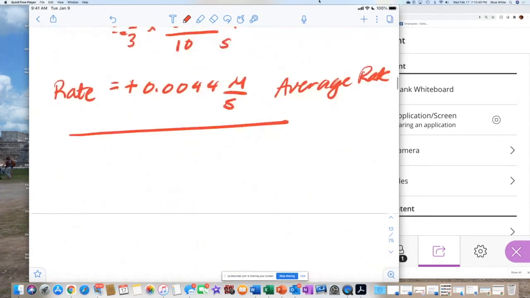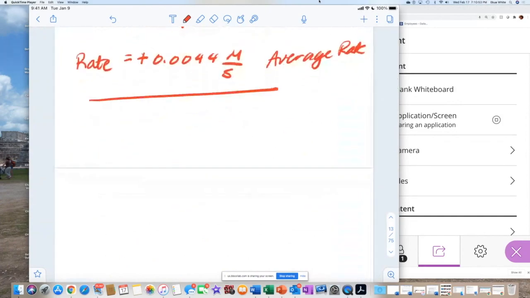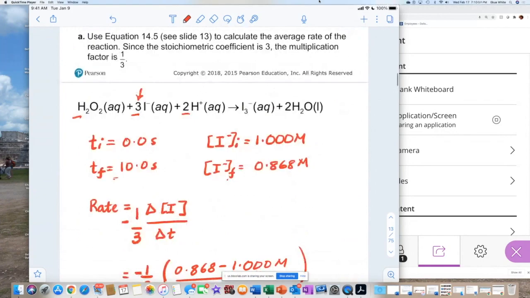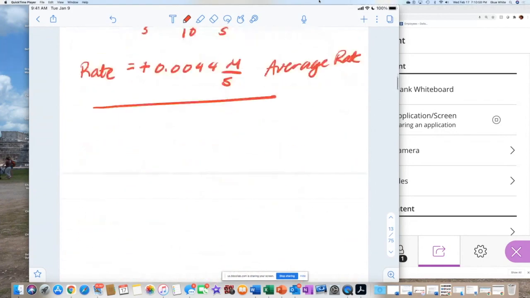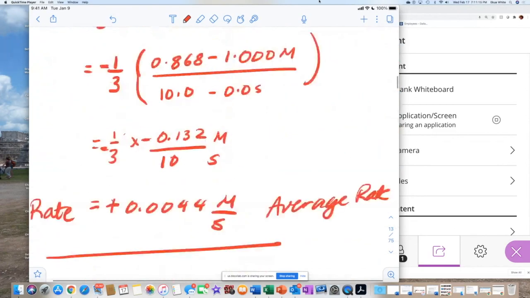Here's the thing. I told you before, you can figure out the rate with any of those reactants, right? So we know from our balanced equation, what is the coefficient on H+? It's going to be 2, okay? The same rate we just figured out is equal to negative, since H+ is a reactant, 1 over 2 times delta [H+], concentration, over change in time, okay?